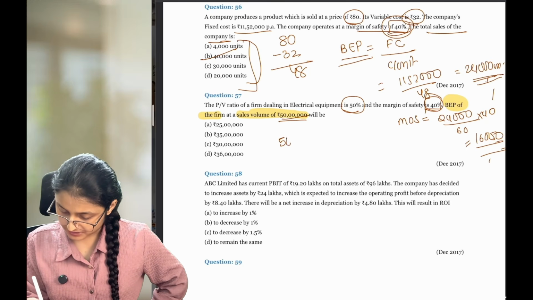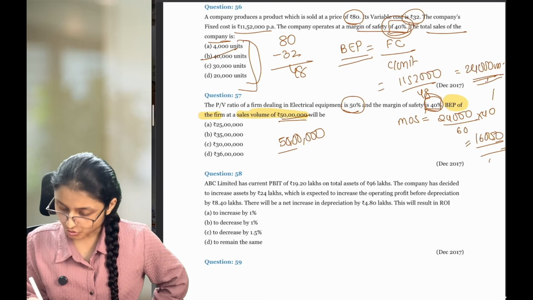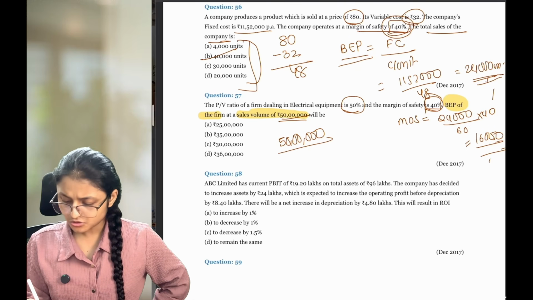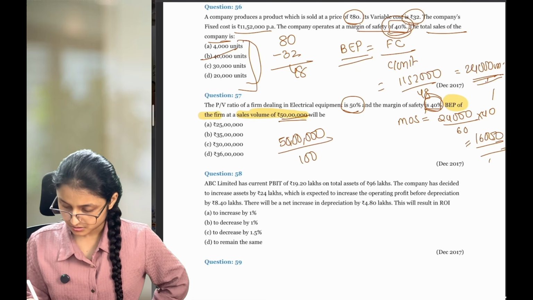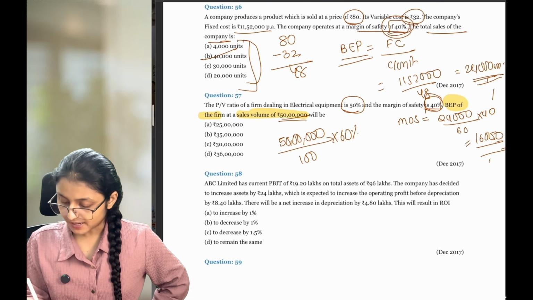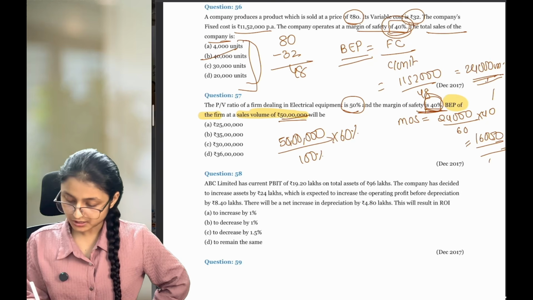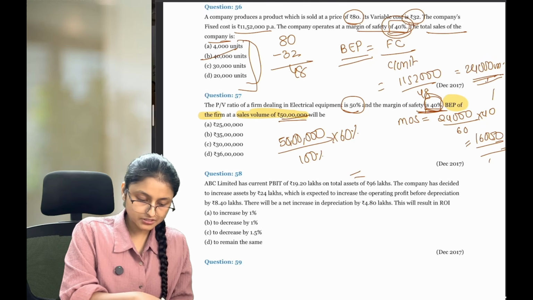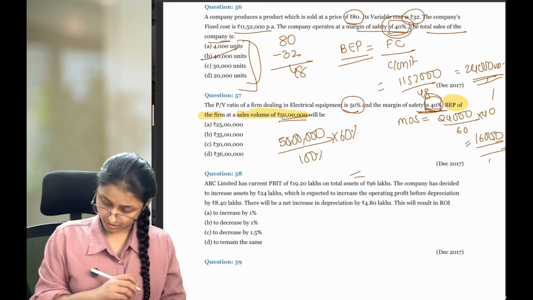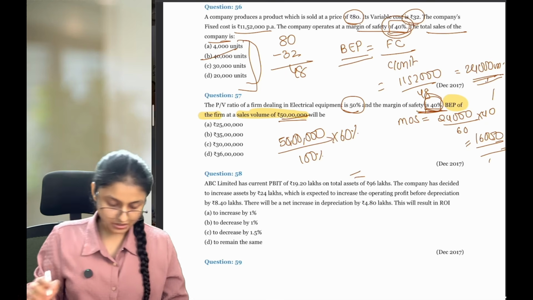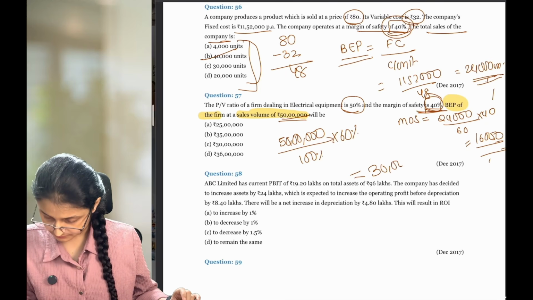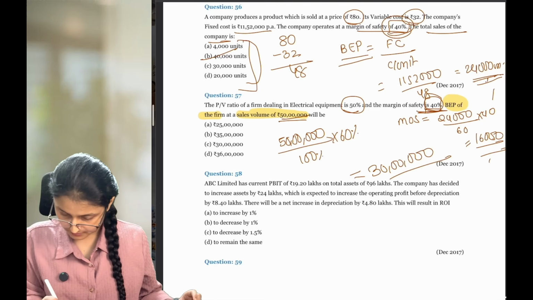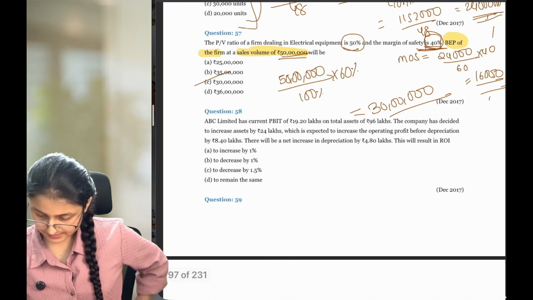I'll say that this 50 lakh is the total sales amount. That means it denotes 100%. But I want to calculate 60% because if my margin of safety is 40%, that means my break-even point is going to be 60% only. So 50 lakh into 60% will give you 30 lakh. Okay, done. Next.